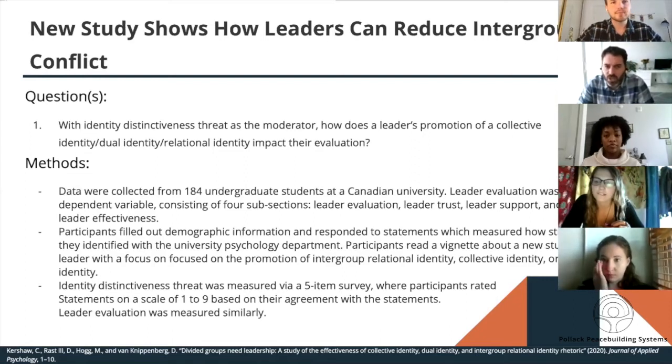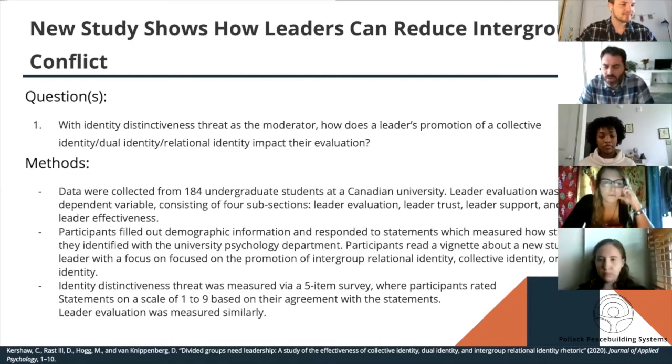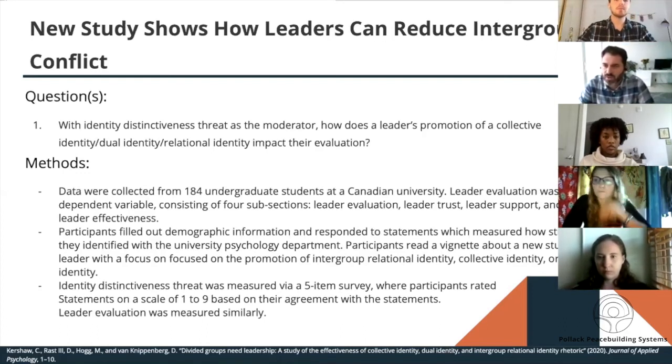And then the relational identity is focusing on one's group, but also with some understanding that it's interdependent with another group, some dependency on the exchange with another group.